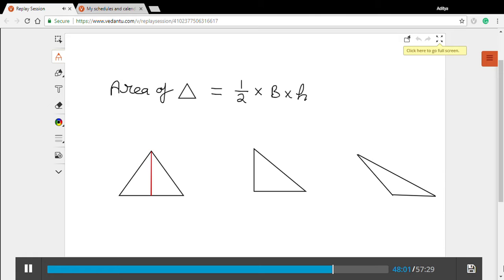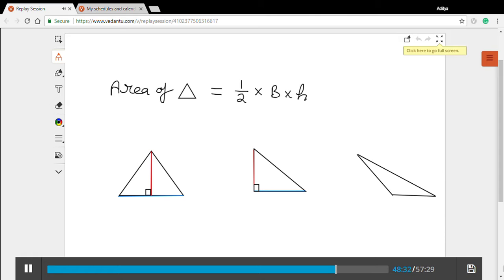In the second figure, one of the sides itself is the height, the other is the base. See, this red one is the height, and the blue one is the base. It has to be a right angle, in fact. Unless it's a right angle, we can't consider it as the height. So in this right triangle, one of the legs itself is the height.